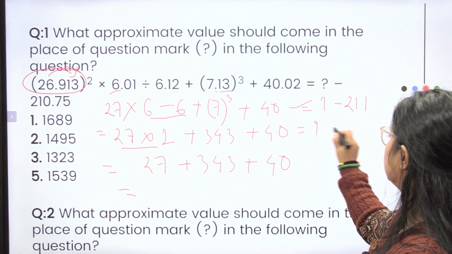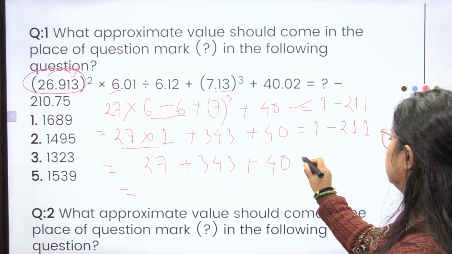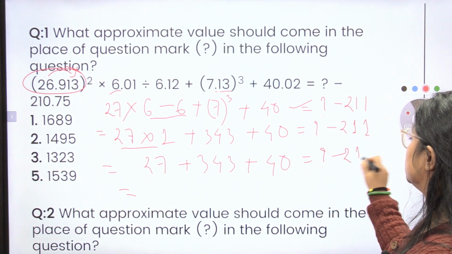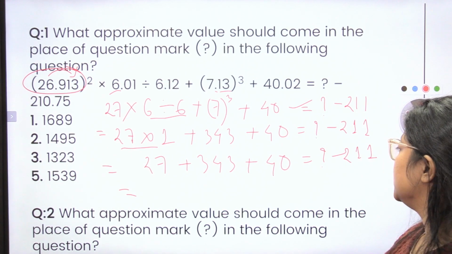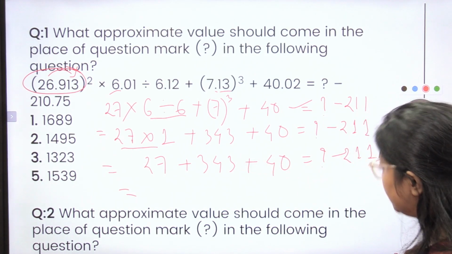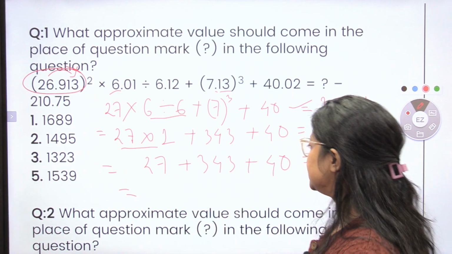So, question mark minus 211. All right, so what will be the answer? Let's add this.